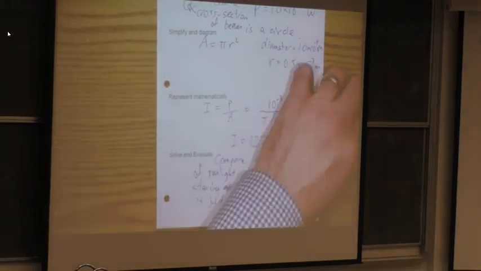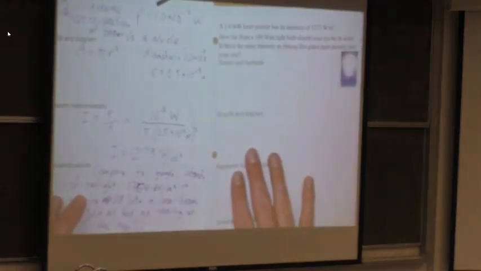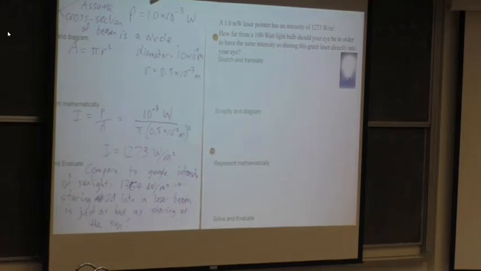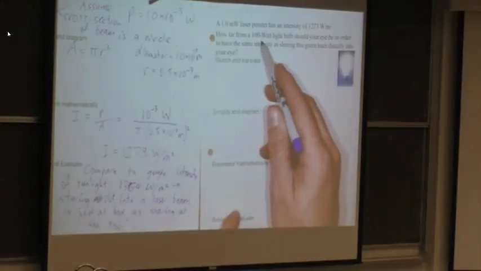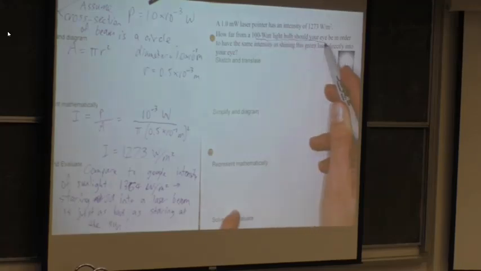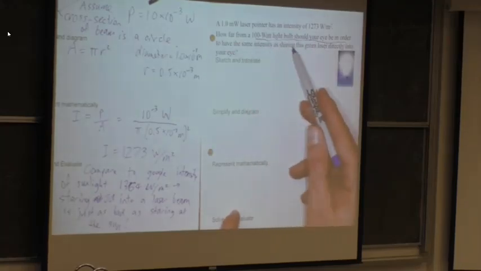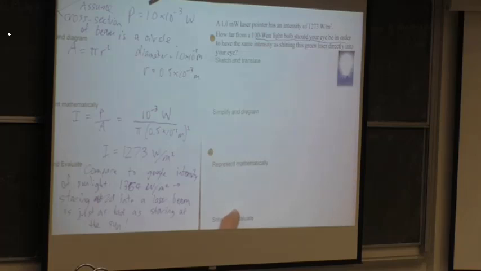So what I wanted to do next is compare it to a light bulb. If you had a light bulb, how would that work? Let's say you had a 100 watt light bulb: how far from it should your eye be in order to have the same intensity as shining a green laser directly on your eye? So this is a case of a spherically symmetric source.